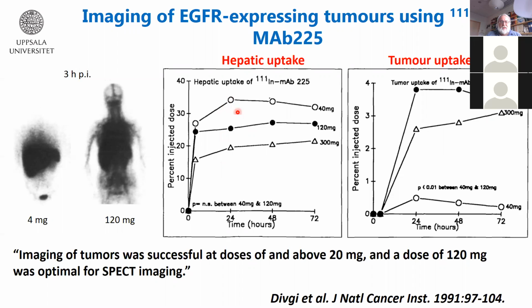One could see in this graph that with an increase of injected amount of antibody from 40 to 300 milligrams, uptake in the liver is decreasing and the uptake in the tumor is increasing.